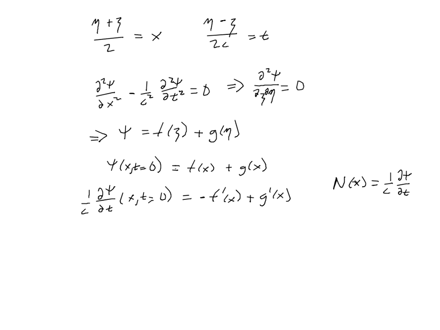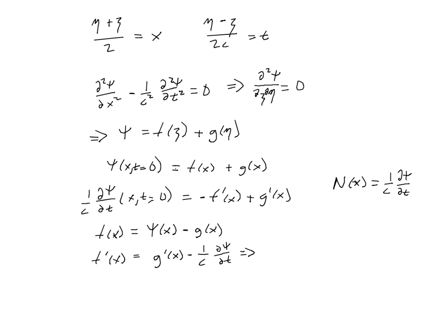So let's see. Then what happens is I could say f of x is equal to psi of x at t equals 0 minus g of x. And then I could say f prime of x is equal to g prime of x minus 1 over c partial psi with respect to t.